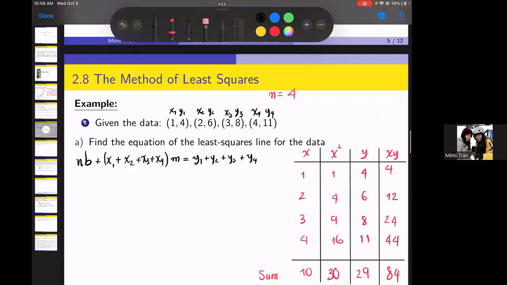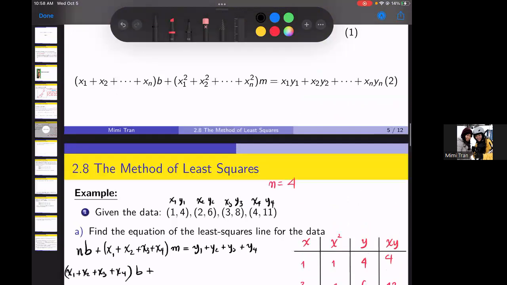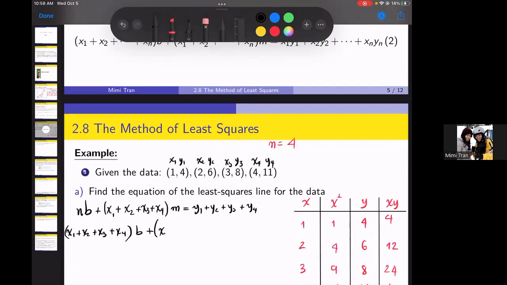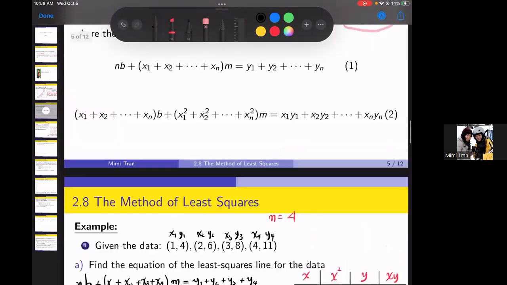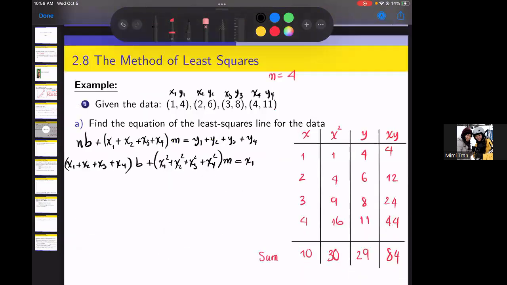My second equation is sum of x times b: x1 plus x2 plus x3 plus x4 times b. And then the second one is the sum of squares of x times m: x1 square plus x2 square plus x3 square plus x4 square times m. It helps you when you write down those, you can remember it. And then the last one is the sum of the products of x and y: x1 y1 plus all the way to x4 y4. I don't have space to write x2 y2, x3 y3.